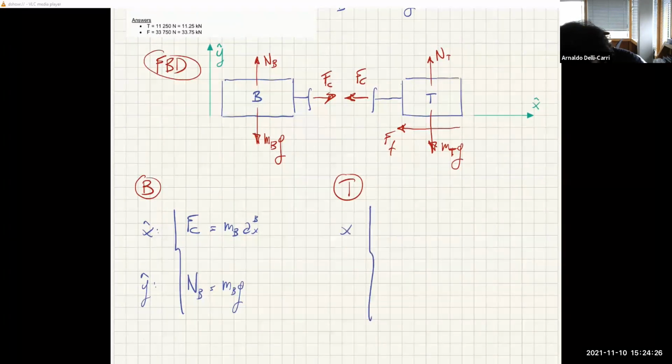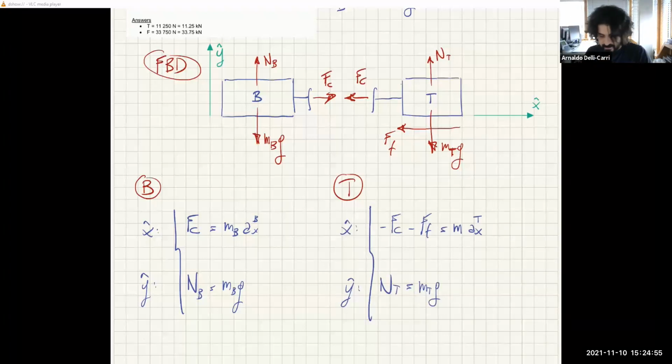On this other side, along the x-axis, I have minus Fc minus the friction force equals mass times acceleration x of the trailer. And in y, the normal force on the trailer is just the weight of the trailer itself. So these last two equations are useless, let's say. We don't need them, but we need equation 1 and equation 2.